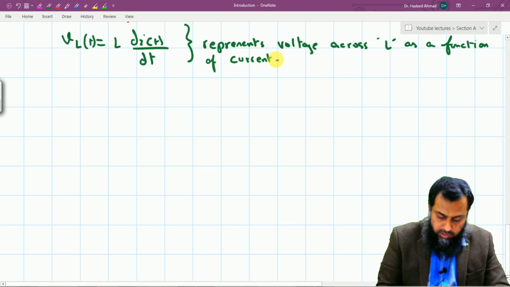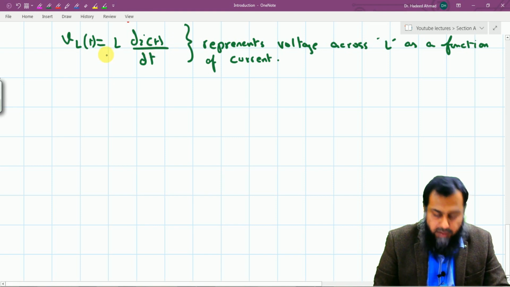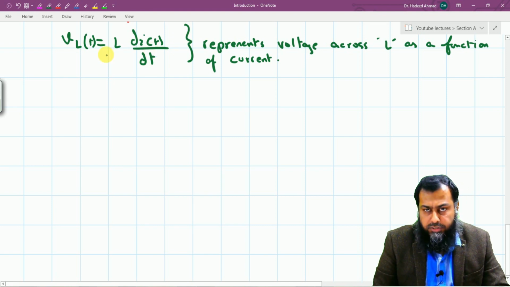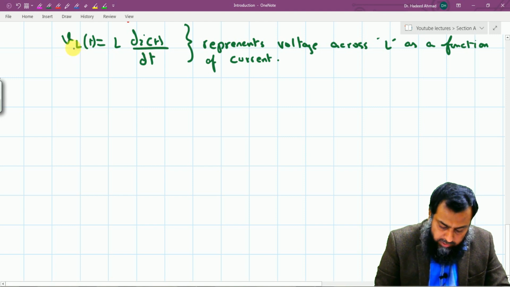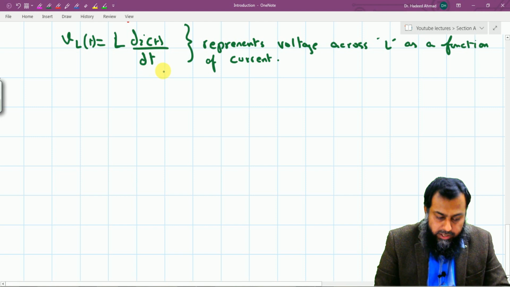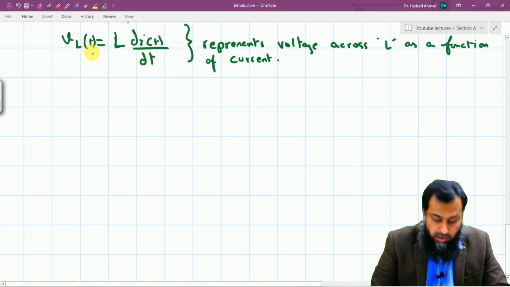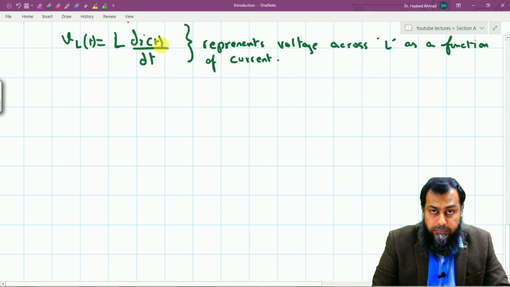Although we can have another relation as well that we will see shortly. This per-current equation, V_L(t) = L di(t)/dt, where V_L(t) and i(t) represent the time varying voltage across the inductor and the current through that inductor.